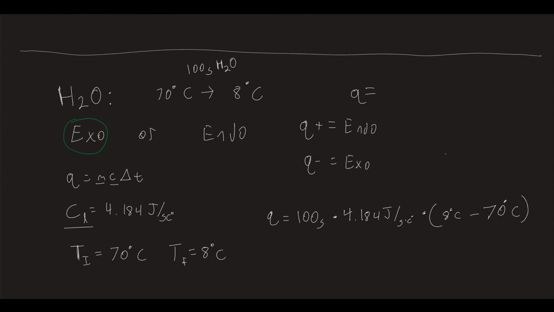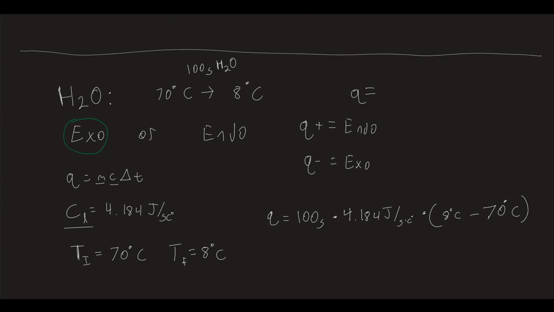So at this point, we have all the information we need, and all we need to do is plug that into a calculator, or in my case, Wolfram Alpha. So 100 times 4.184 multiplied by (8 minus 70).